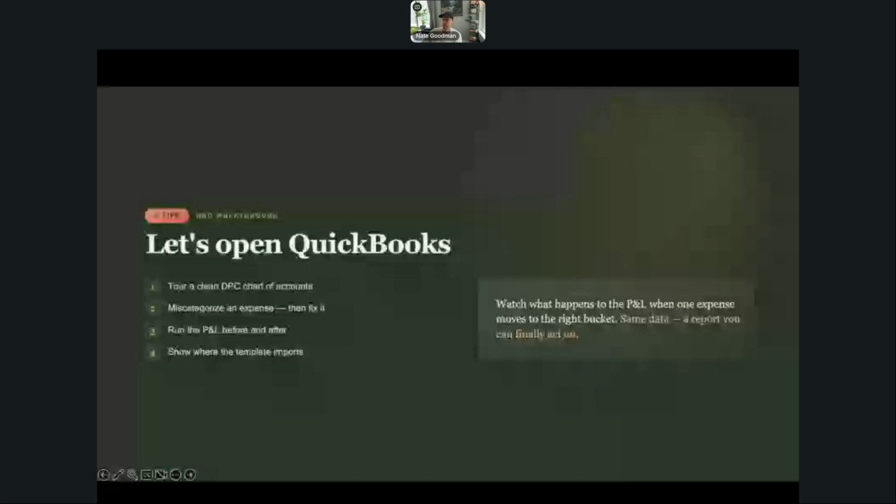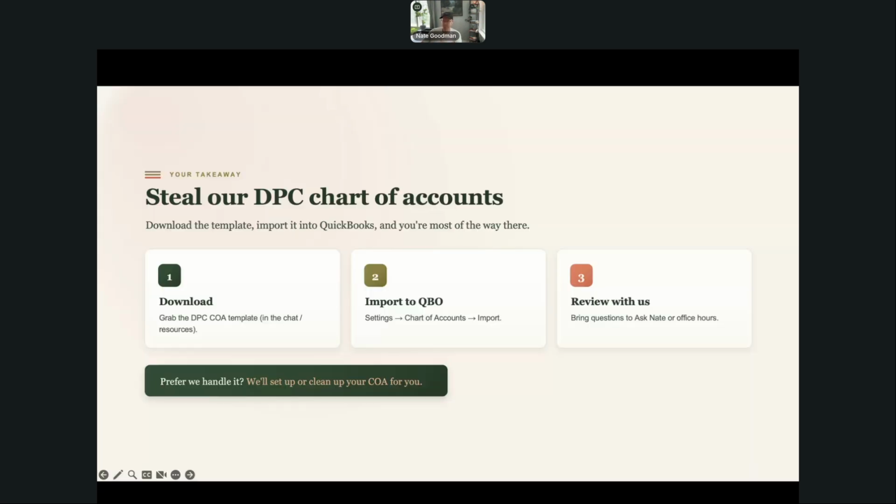All right, let me flip back over here to the slide deck. So we would love for you to steal our chart of accounts, whether you use it as a reference, so you know what you want to put in there, or you want to actually go through the import process.